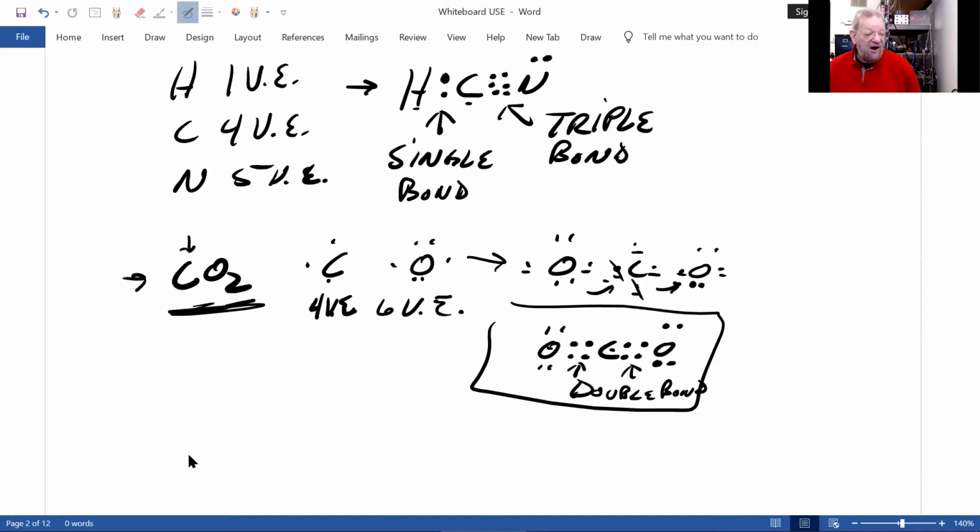So in carbon dioxide, CO2, there are 2 double bonds. And the next time you see someone drinking pop, you can tell them that if you want to. Or if you don't want to, don't.